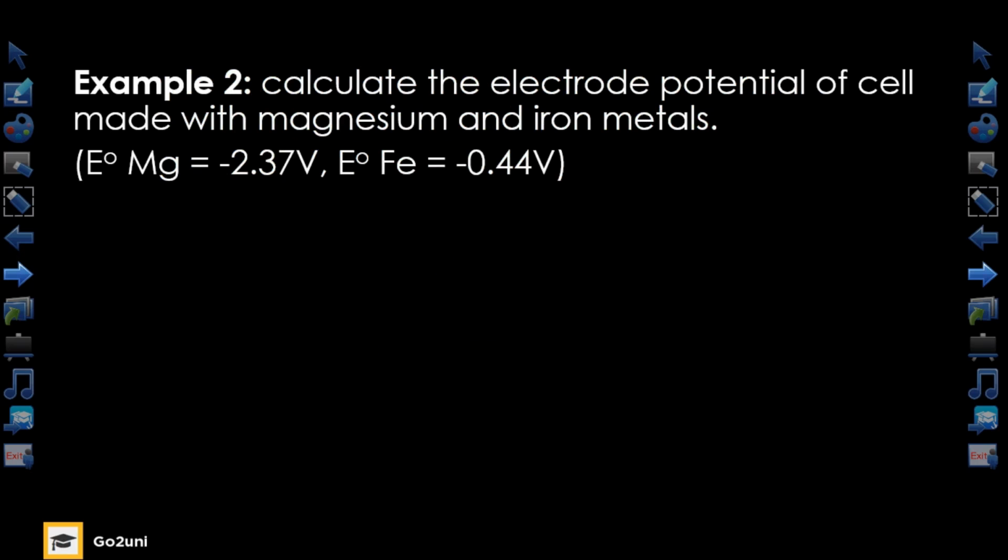Between magnesium and iron, we can see that minus 0.44 is closer to the positive values.